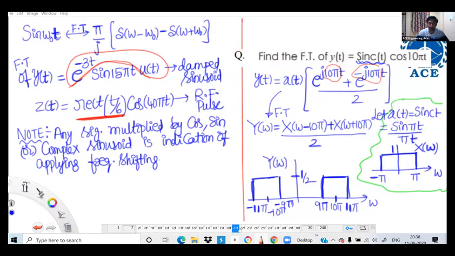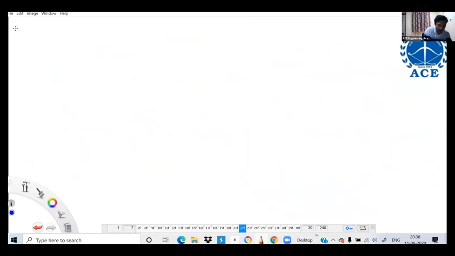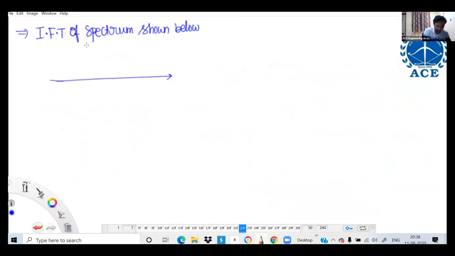What is the inverse Fourier transform of the spectrum shown below? What is the inverse Fourier transform of this spectrum given?